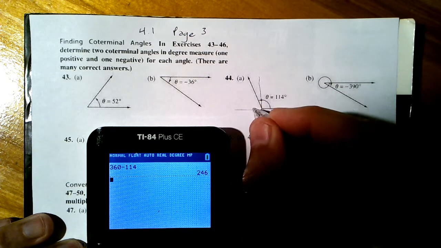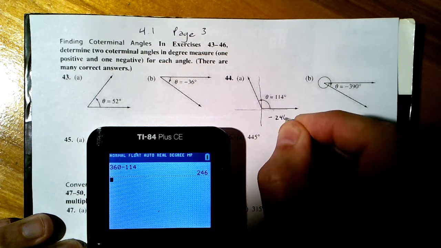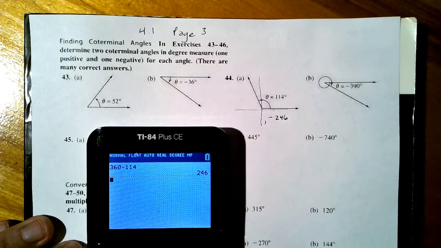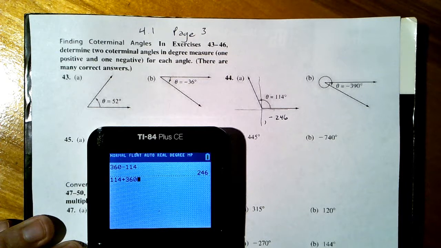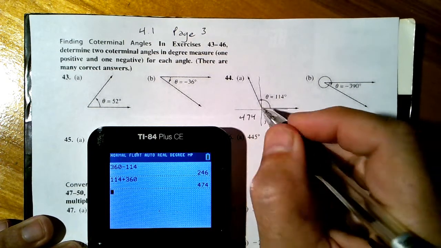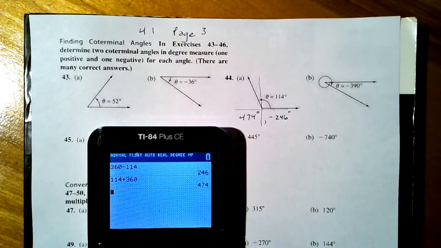I could rotate this way, that would be negative 246. Or I could go to 114 and rotate around again, 474, and I'm going to put my degree symbol with those.